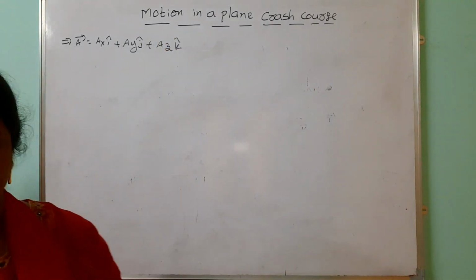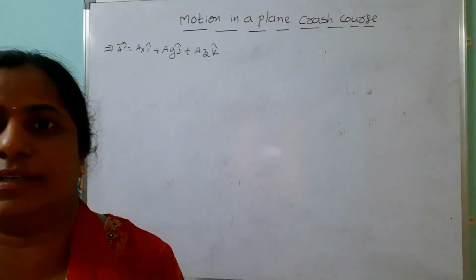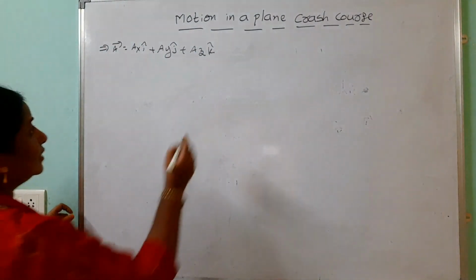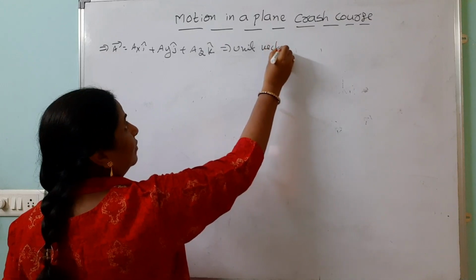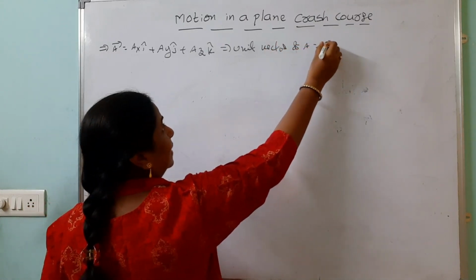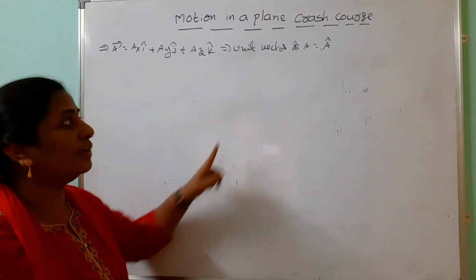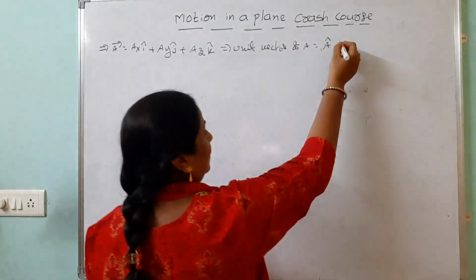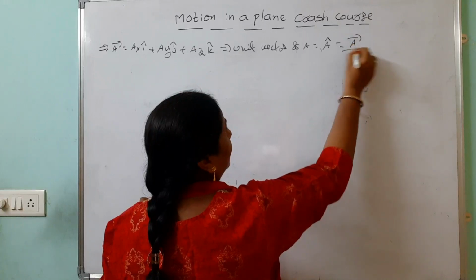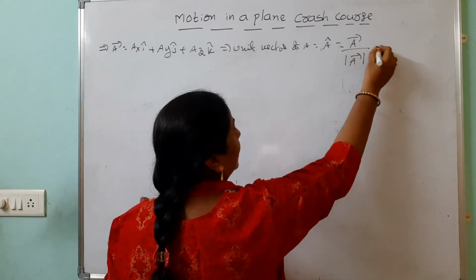Then how to find out the unit vector? The unit vector of A is represented by A cap, and of B it is B cap. The formula is A bar divided by mod of A bar.